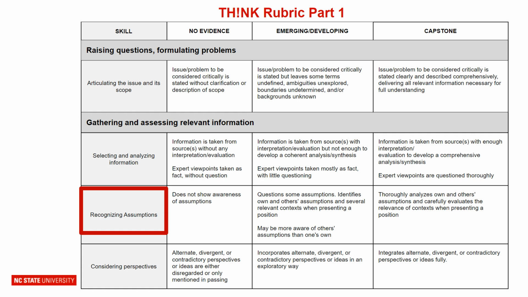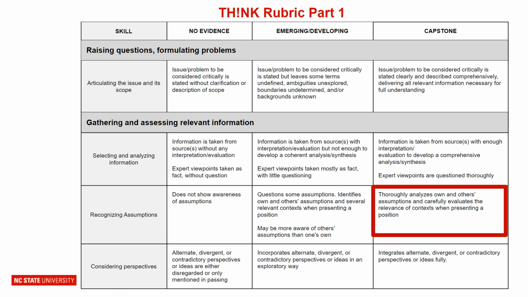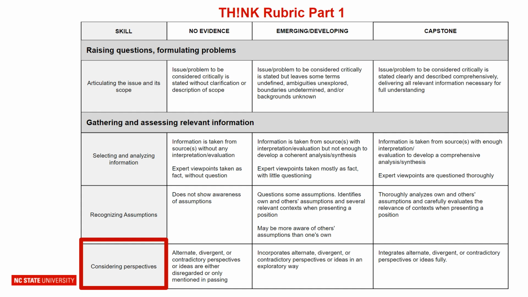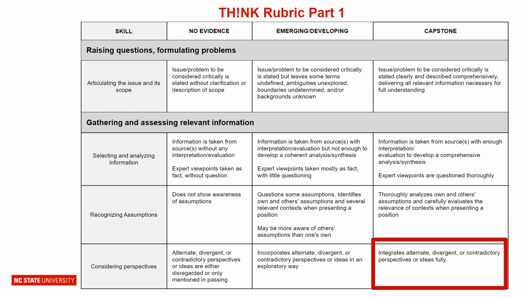Recognizing assumptions. Capstone: thoroughly analyzes one's own and others' assumptions and carefully evaluates the relevance of context when presenting a position. Considering perspectives. Capstone: integrates alternate, divergent, or contradictory perspectives or ideas fully.